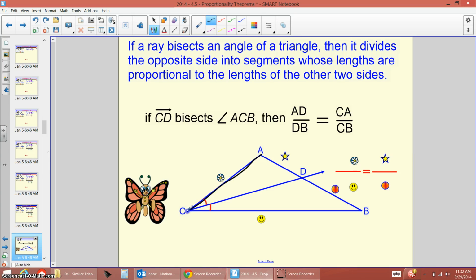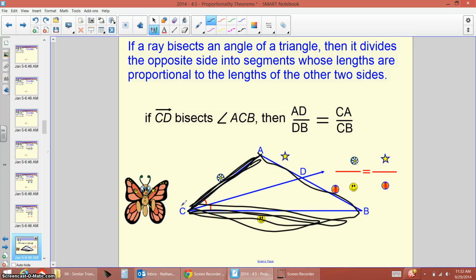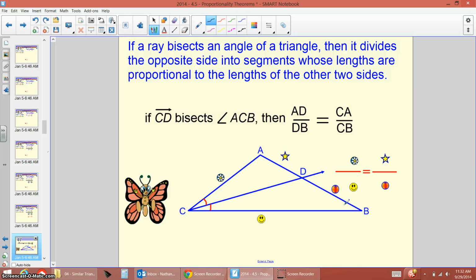If you look at ACB as a nice big triangle like this, then the two sides that form the angle right here, those two sides are proportional to each other, along with the sides opposite here and here. So when you're setting up these proportions, you can do it in a lot of different ways.